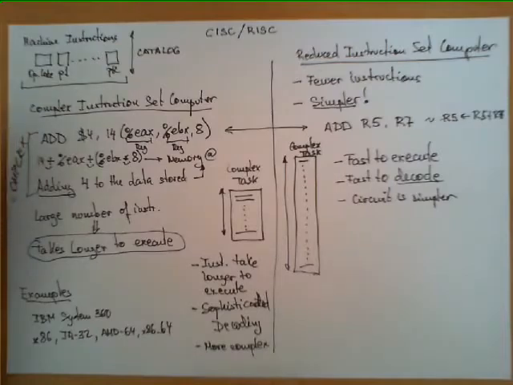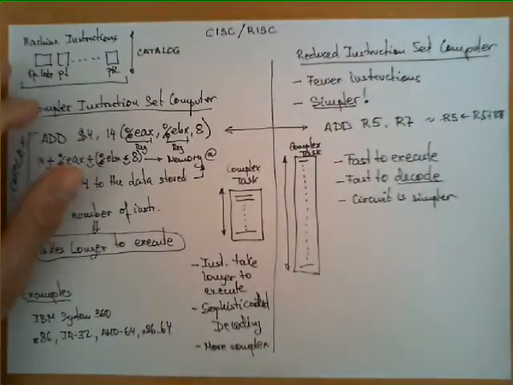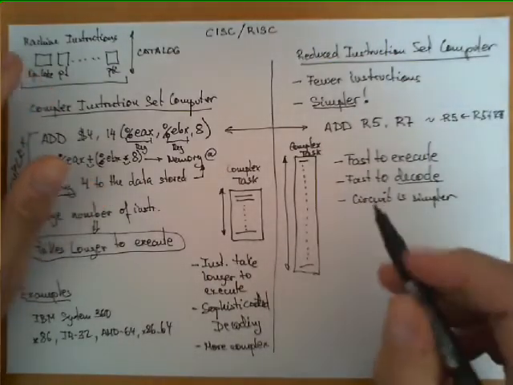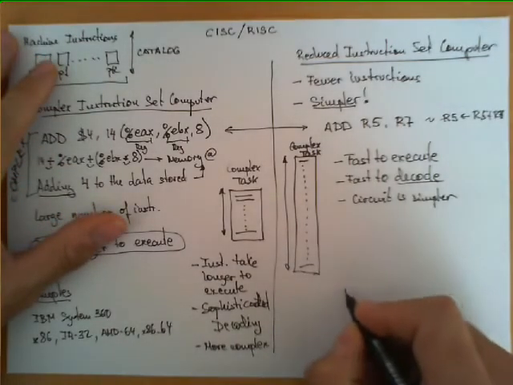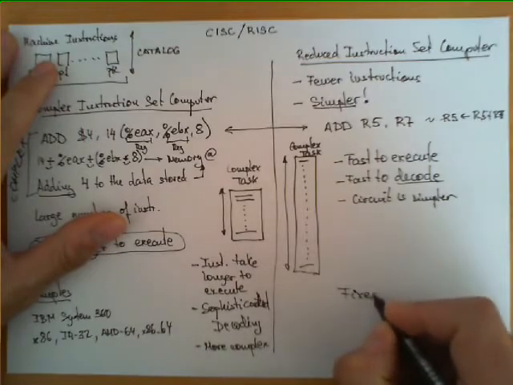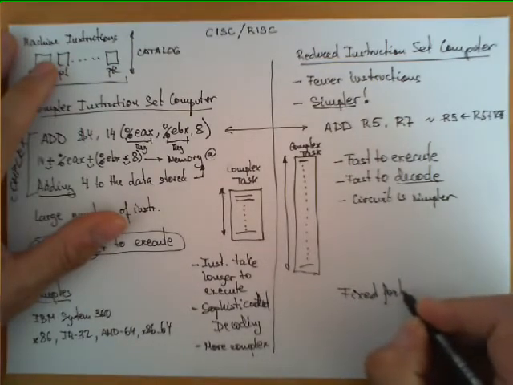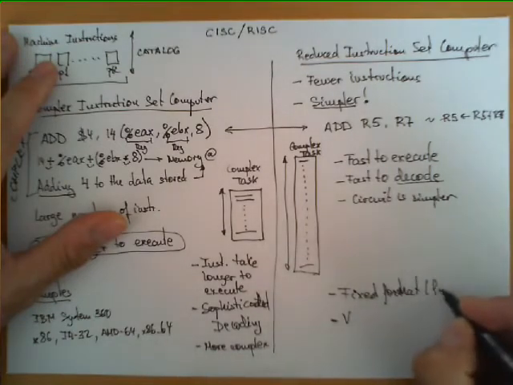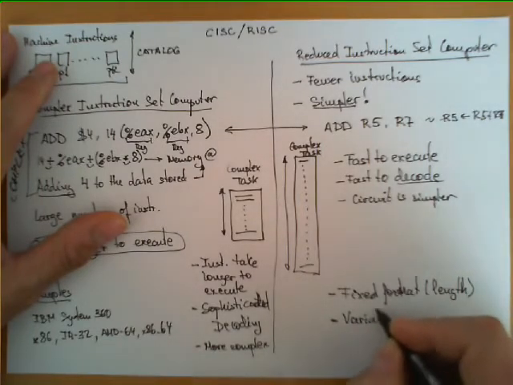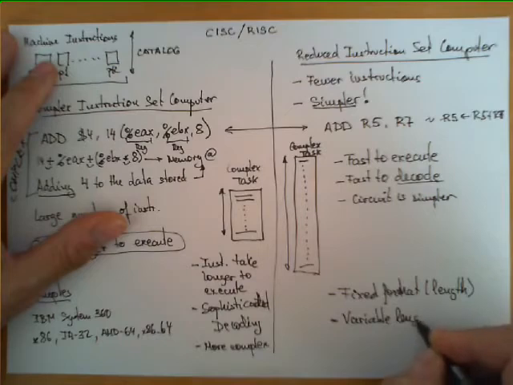There is one little additional category that is worth mentioning, which is orthogonal to CISC and RISC architectures, which is the classification of the microprocessor depending on the size of their instructions. We have two different types of microprocessors: those that have a fixed format, or length, for their instructions, and those that have variable length for their instructions.